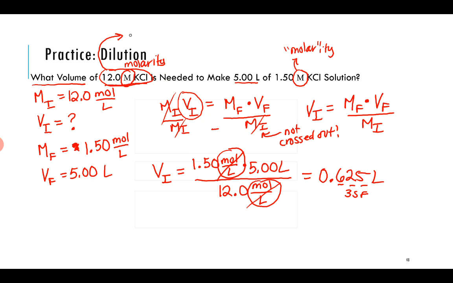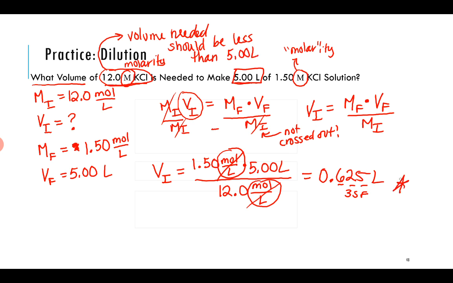So the volume needed should be less than whatever volume we had of the lesser concentrated solution. The volume needed should be less than 5.00 liters. And it is, and so that means our answer makes sense.